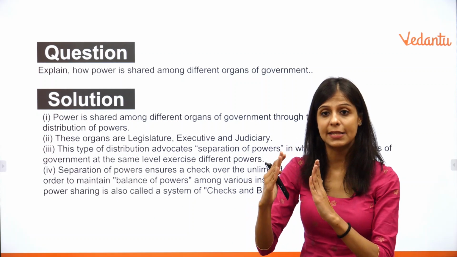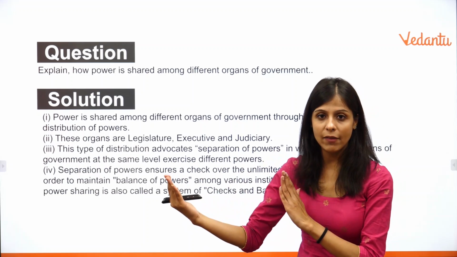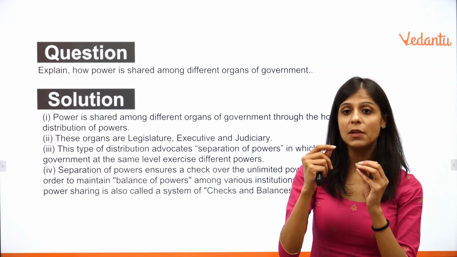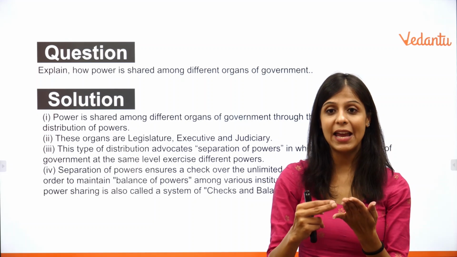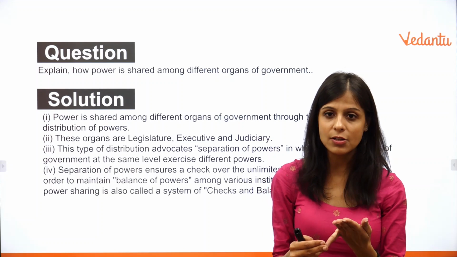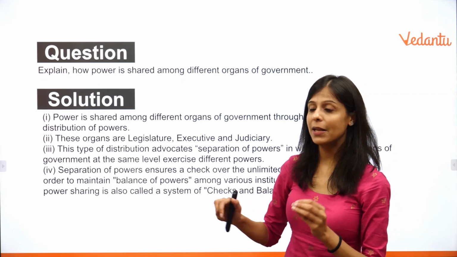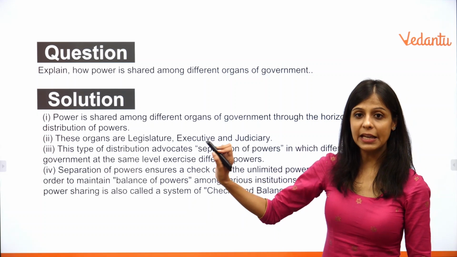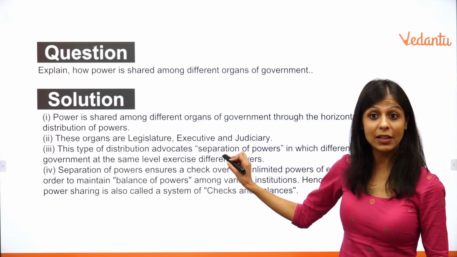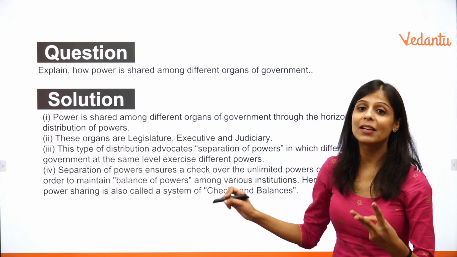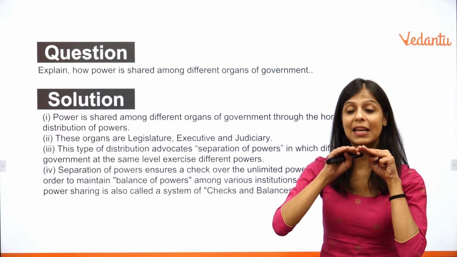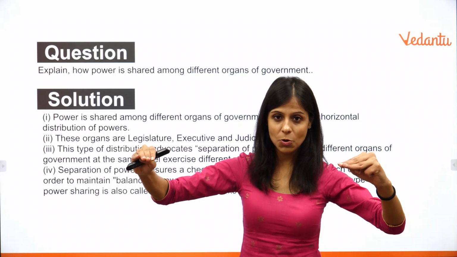But in case they ask how the power is divided, whatever the clause they ask you, since we are just going to talk about the legislative, executive and judicial organs of the government, you have to explain that your one point is about the separation of power. The second point is about what the organs of the government are, and the third point is that this sort of distribution acts as a horizontal distribution of power.